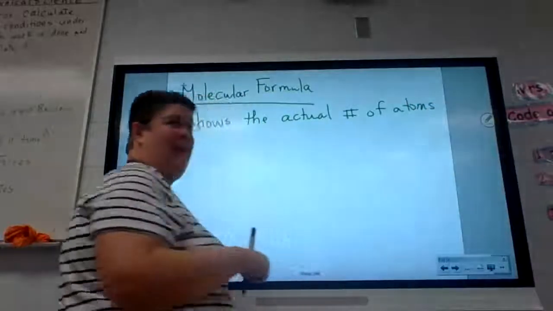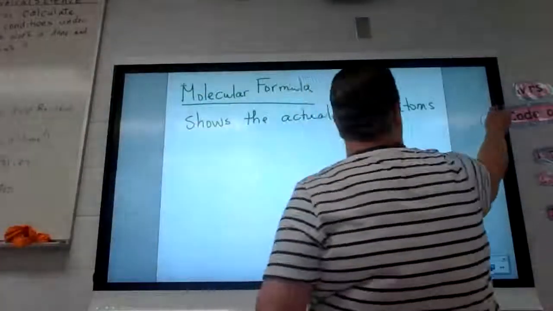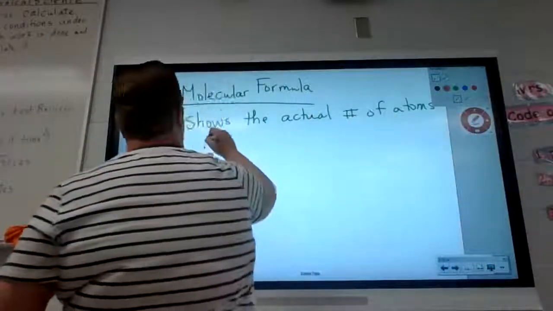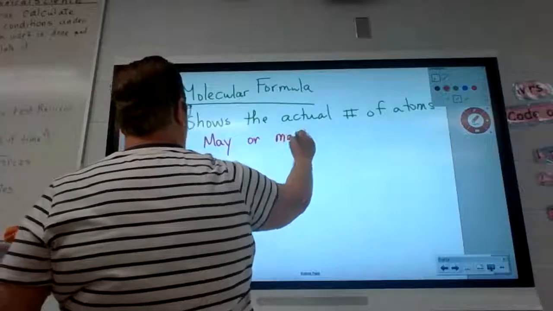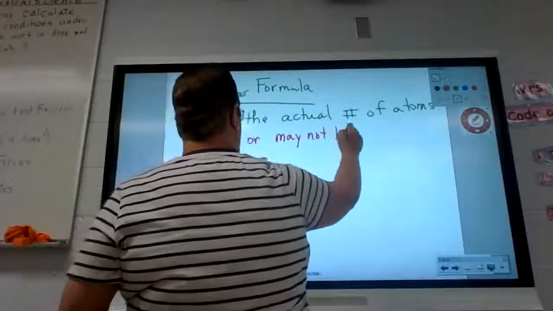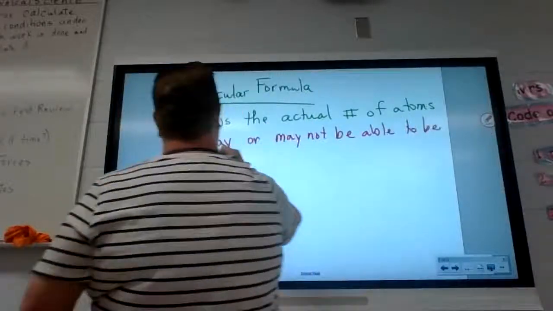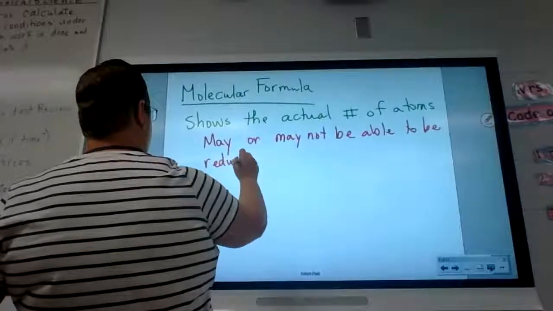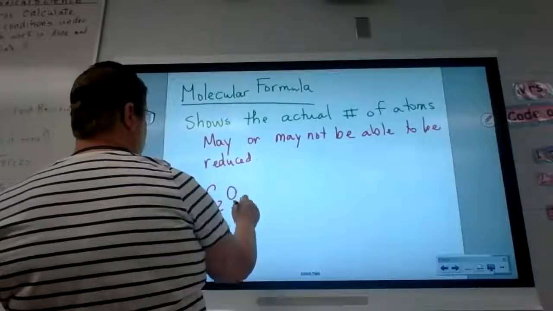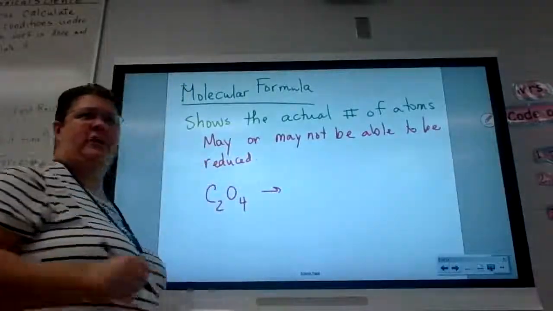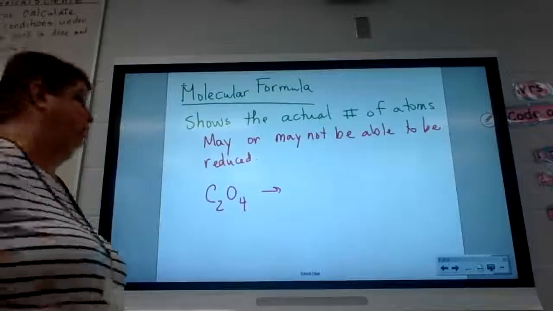Now, we've actually already done this. We did it with the empirical formula, so we'll just review for a second. The thing that makes it different is it may or may not be able to be reduced. Okay? So, if you have C2O4, C2O4 can be reduced into what? CO2. Okay.